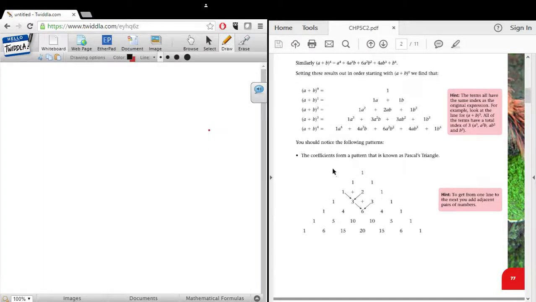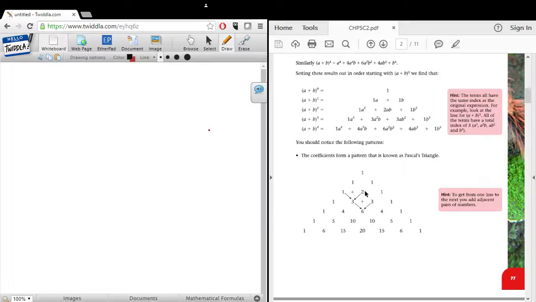Now you should also notice that there's a pattern here whereby the number to the left and the number to the right are added together to give the number which is beneath them and in the middle.